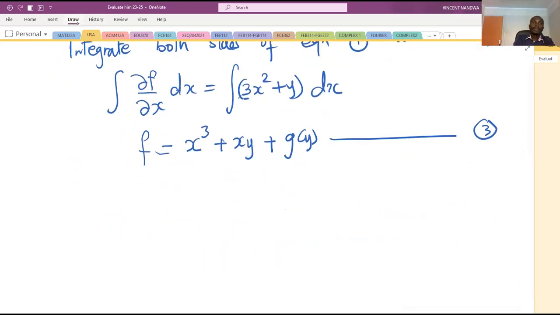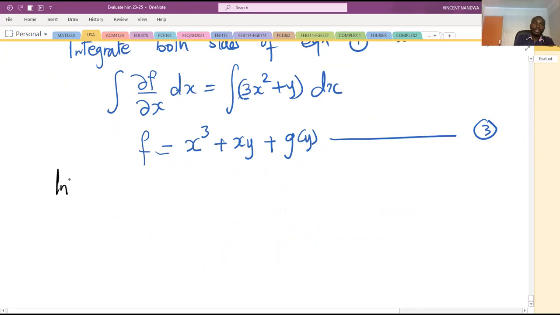Now, next step, we differentiate this one again, but now with respect to what? Remember, if we know the value of the function g of y, then we'll have our f, but we don't know the actual value of this function g of y.